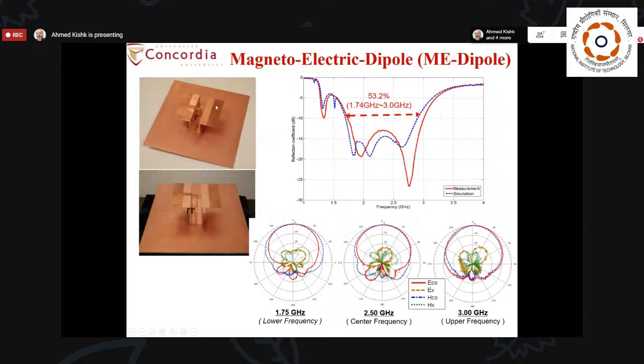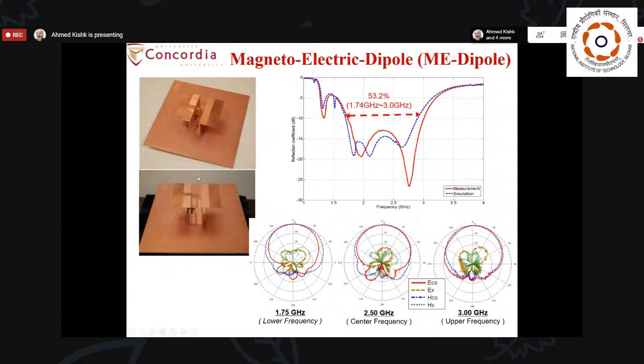So I have an electric dipole with this polarization and the narrow gap in between acting as a magnetic current, because the field distribution will be in this direction, so it has an equivalent magnetic current in this direction, but its polarization is in this direction.